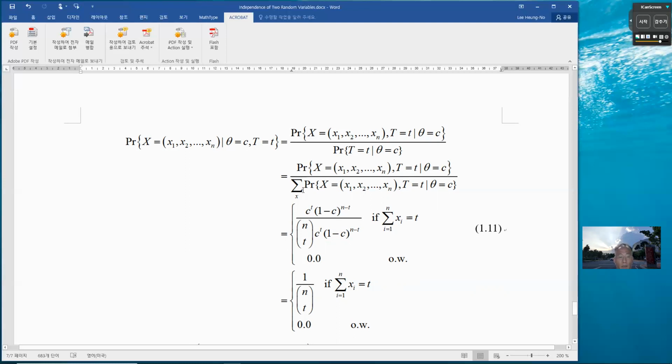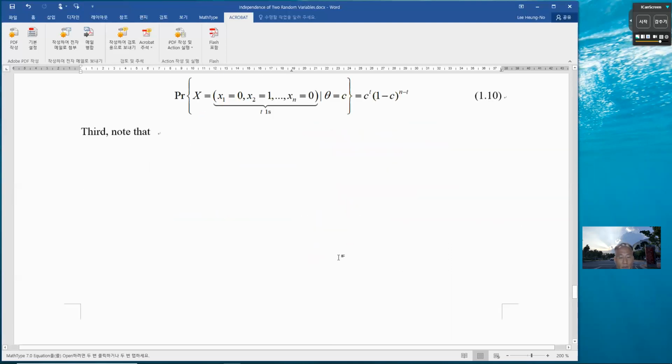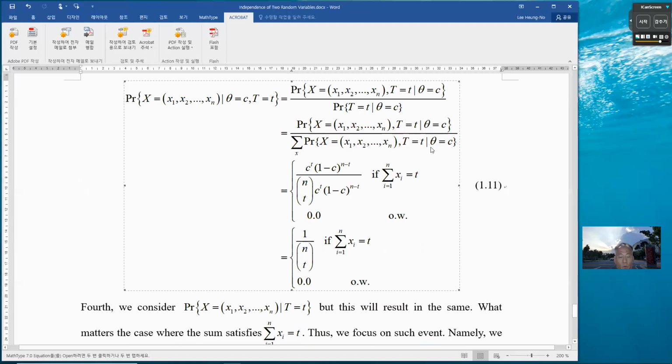The denominator, the joint event, is that out of n positions, there are t positions where you have ones. So that is n choose t such possible combinations. And for each combination, the probability of having t ones and the rest zeros is this probability, as we have seen here. So that's the sum of all possibilities.